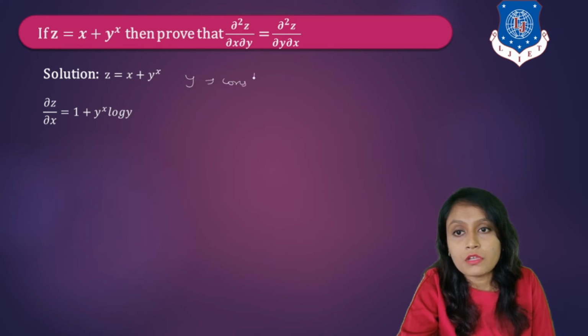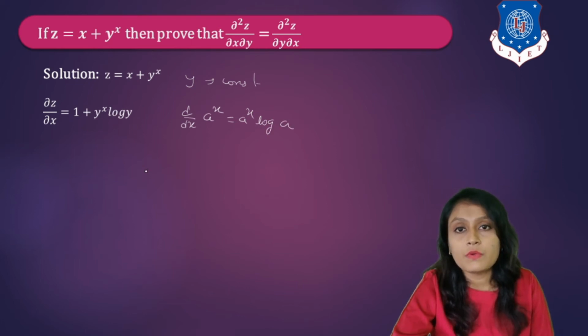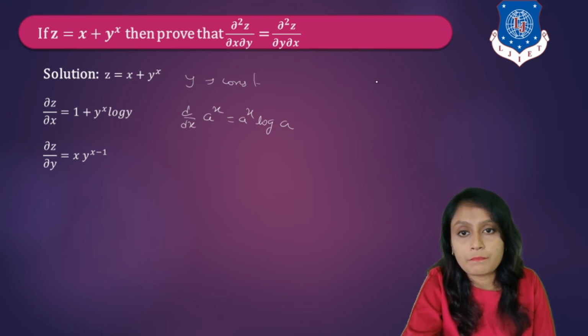Okay. So to solve this, here we will apply the formula of d by dx of a raised to x, that is a raised to x into log a, right? So y raised to x into log y. Next we will solve del z by del y. Okay, so here we have to take the derivative with respect to y and x will remain constant. So x is constant in this.